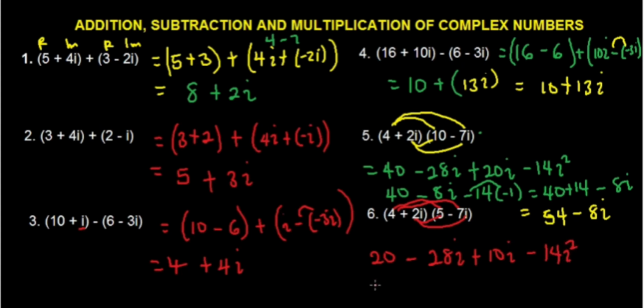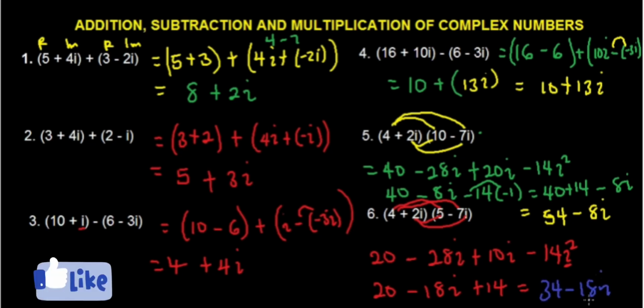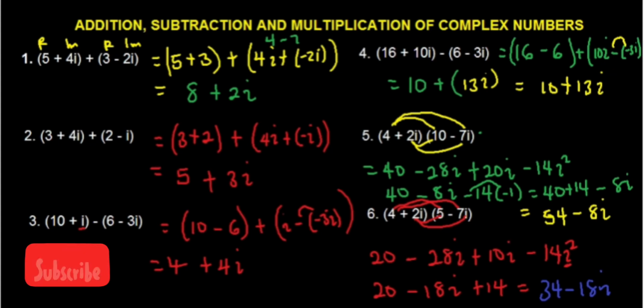Alright, so I'll have 20. This and this will give me minus 18i. Don't forget, i squared will become minus 1. Minus 1 times this one will give me plus 14. And then my final answer for this one will be 34 minus 18i. So that's how to do the operations on complex numbers.